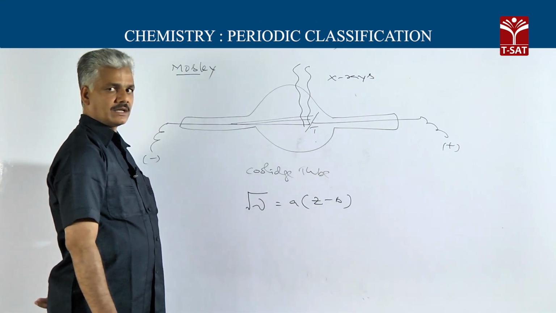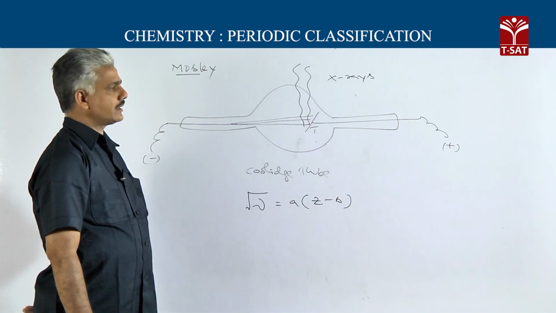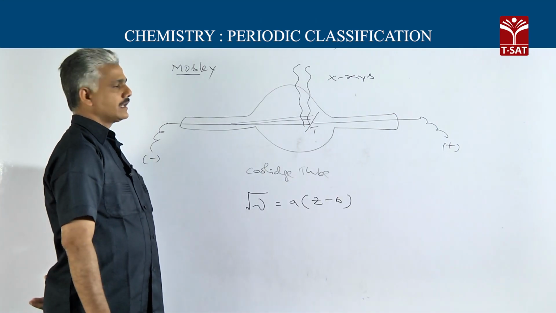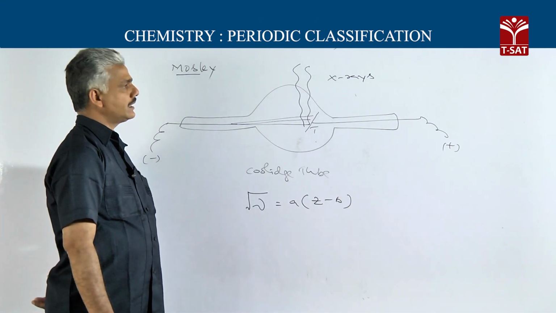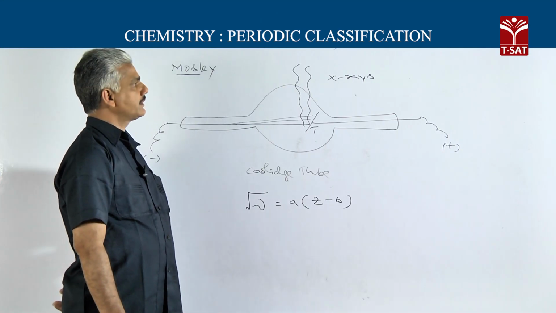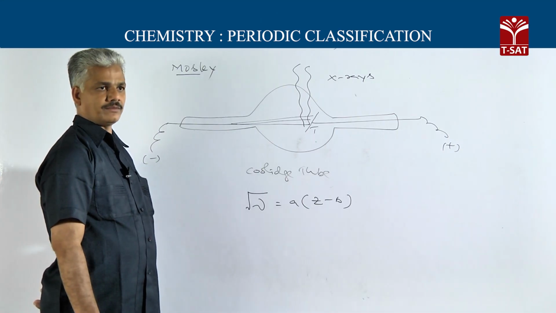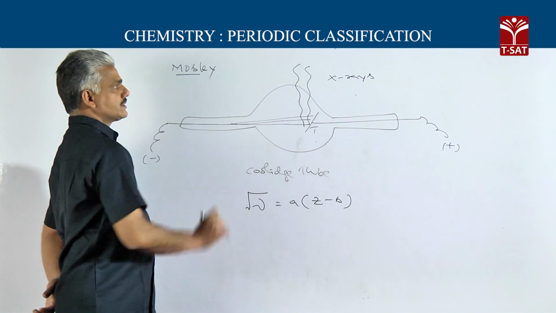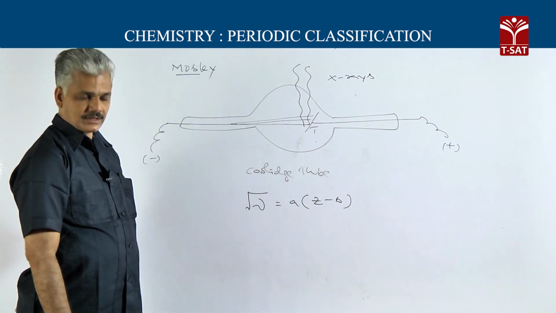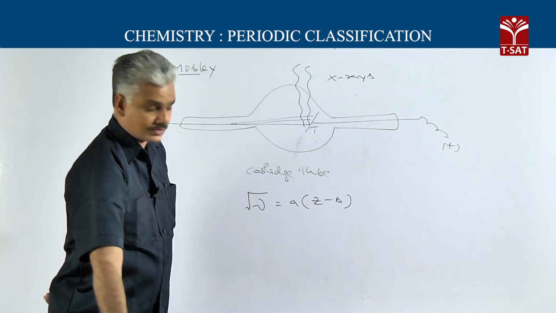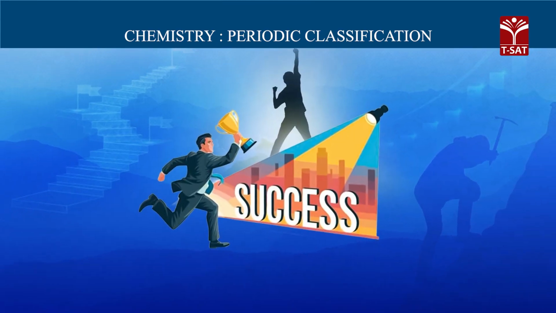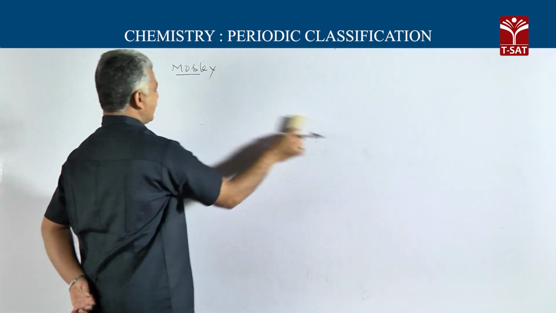Based on this law and concepts of atomic structure, Moseley arranged all the elements available at his time in a tabular form, which is called Moseley's periodic table, or Moseley modern periodic table.